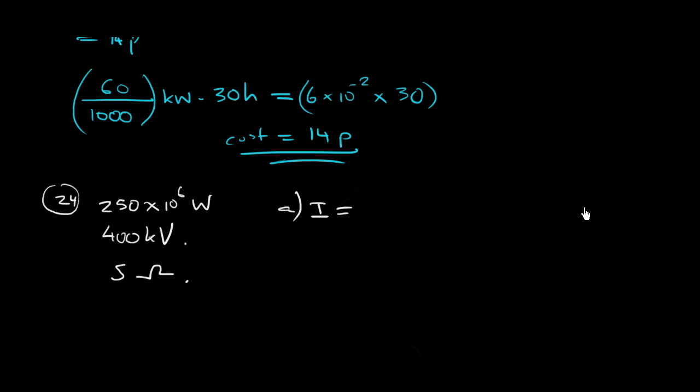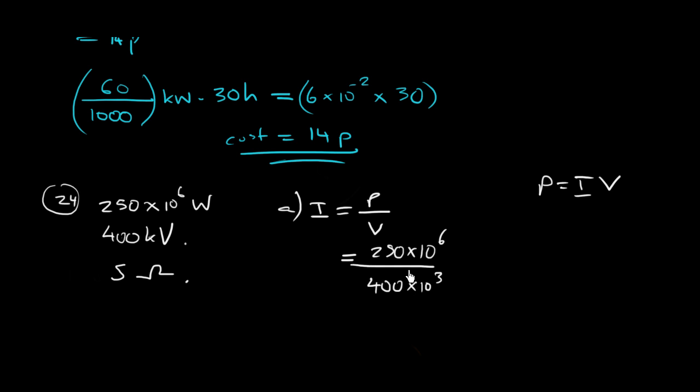This should be already in your head, that power is equal to the current times the voltage. So current is the power divided by the voltage, and that is 250 times 10 to the 6 divided by 400 kilo, which means 10 to the power of 3 volts. And so we should have a current that works out to be 625 amps.